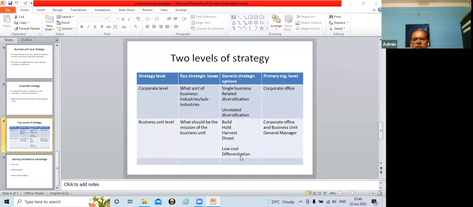So this is the differentiation of Lux in respect of Lifebuoy. If you're talking about Lifebuoy, it is low cost. At a minimum price Lifebuoy is available and it lasts for many days. So that is the feature of Lifebuoy. We cannot say that Lifebuoy and Lux are the same.